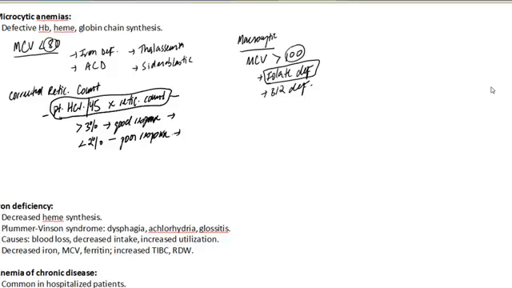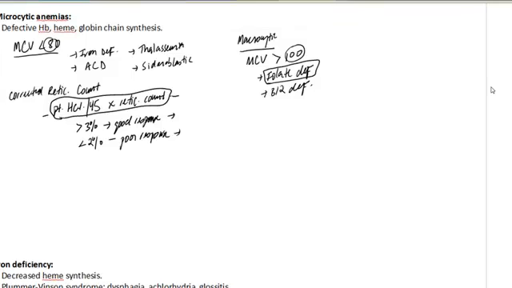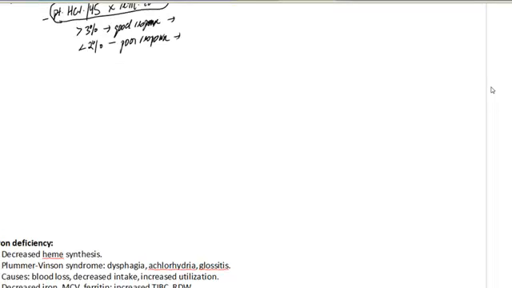Now, when we're talking about a corrected reticulocyte count, anything less than 2%, something that's very common, is acute blood loss.